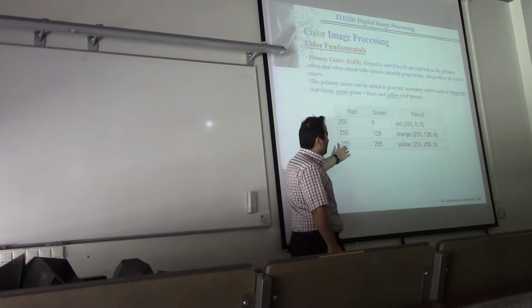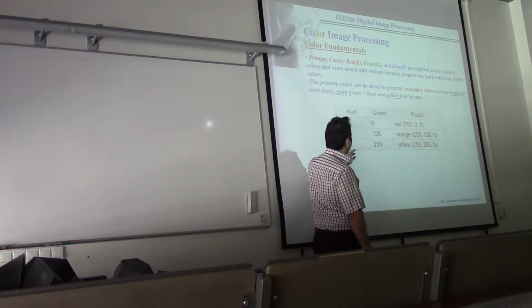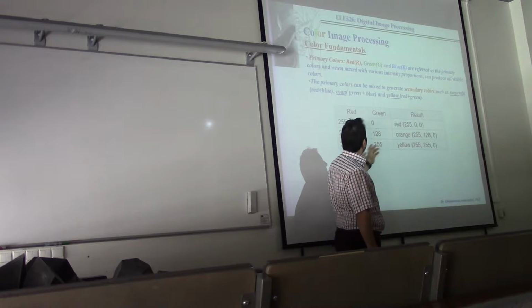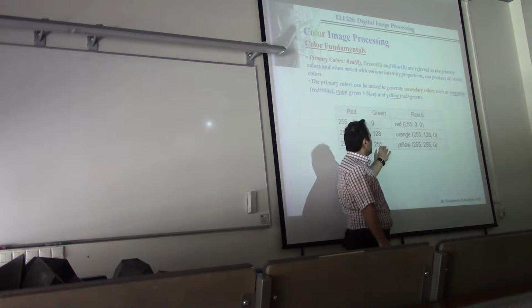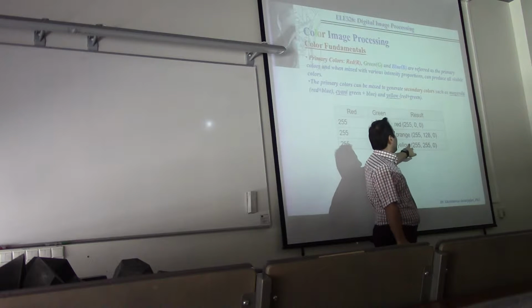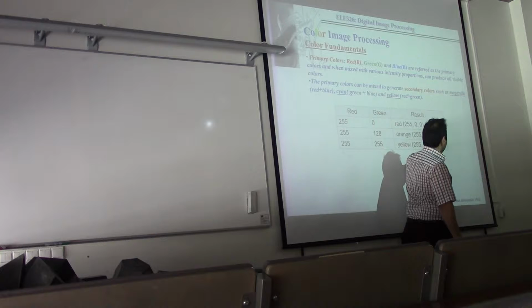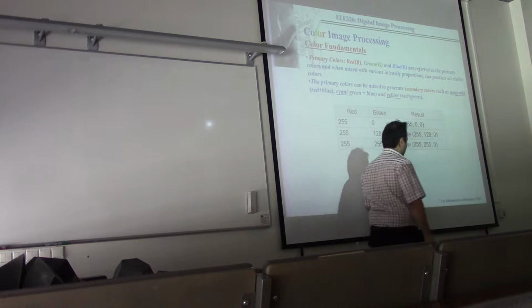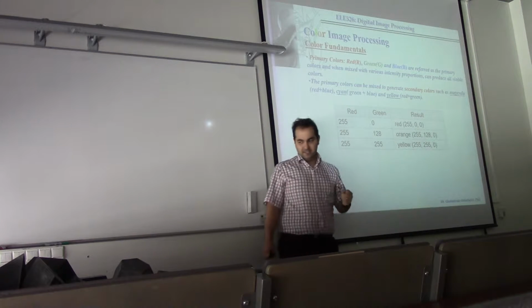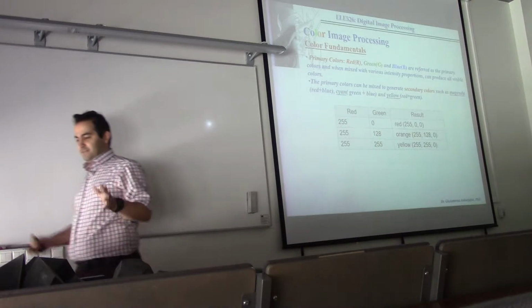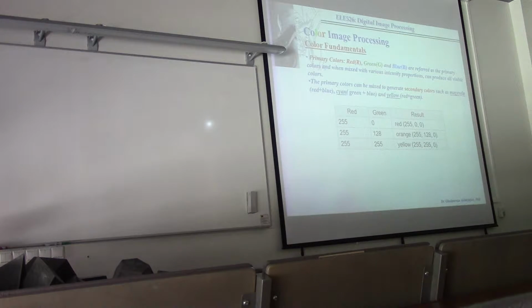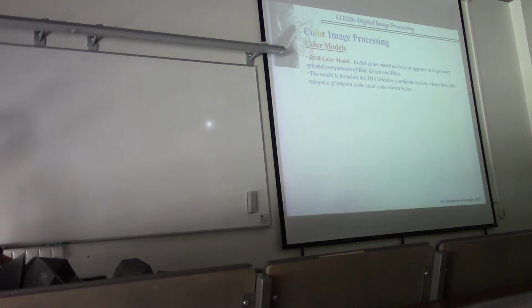And when we have 255 and 255 for red and green, we can generate the yellow color. We assume the blue is equal to 0, as you saw in the last slide, that when we just add red and green, we can easily generate yellow.